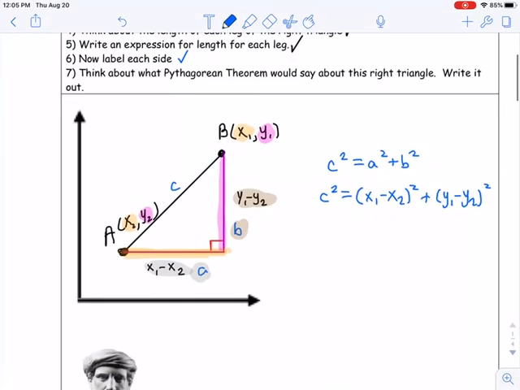All right, now overall, C, what is C? C is a segment AB. And what's the length? So I'm just going to say AB squared because I want the length of AB is now equal to all this junk. All right, all I did was substitute things in.